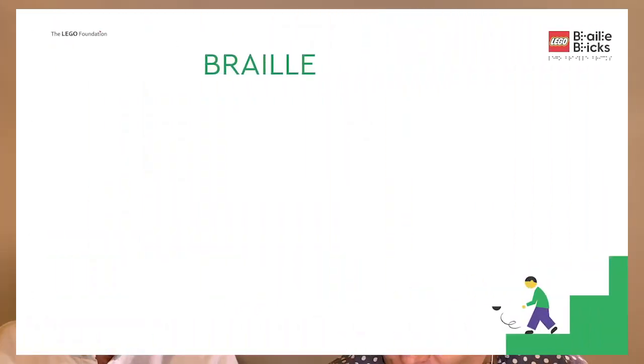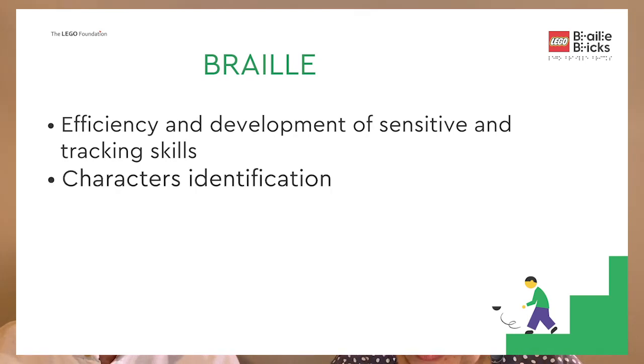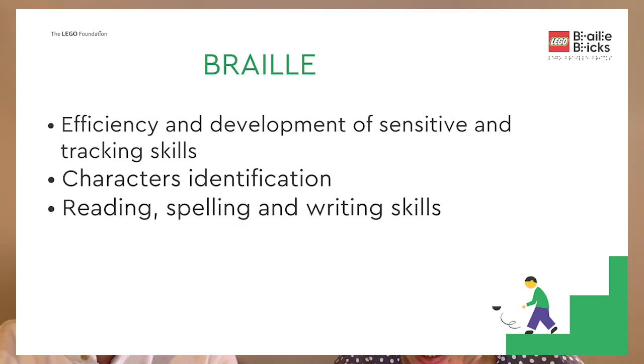Again, what do we want to work with a Braille activity to have a good efficiency and development of all the sensitive and tracking skills, that the children learn the character identification. Of course, they will have to read and spell and write things, so work on that kind of skills.